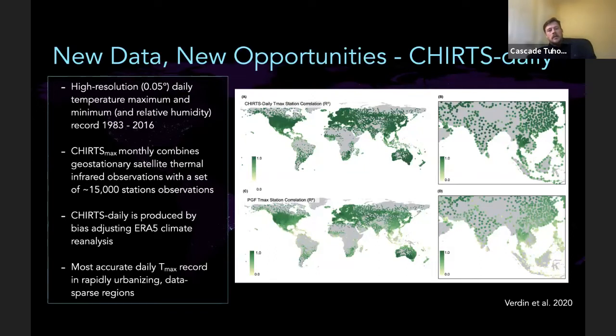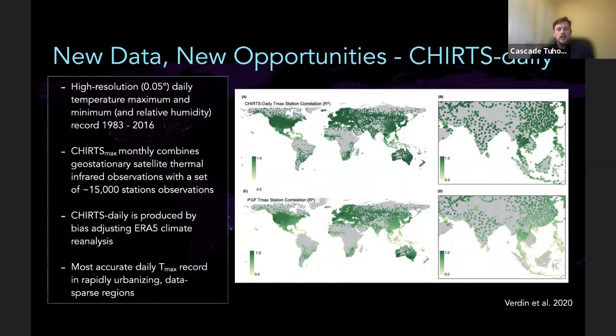In my analysis, I'm using a new daily temperature maximum and relative humidity product. The temperature product is called CHIRTS-Daily. Basically, it relies on a high-resolution monthly climatology that blends station data with meteorological satellite observations.